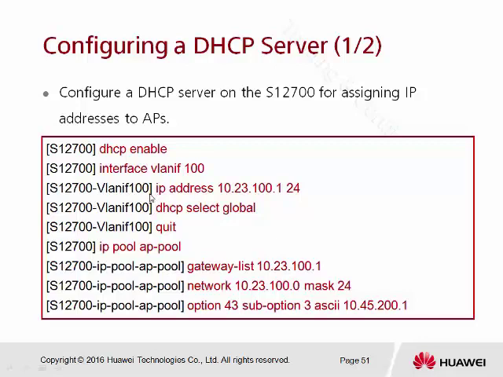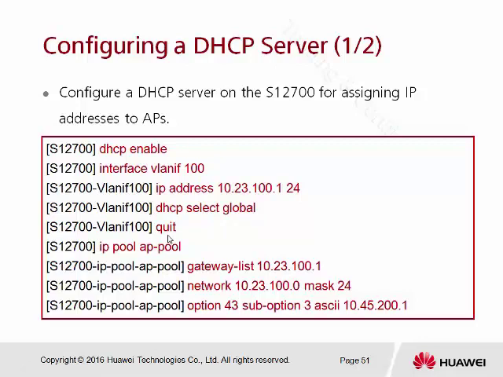So what I'm going to do next is assign the command ip address followed by the IP address 10.23.100.1, then the subnet 24. Right here, I will be using DHCP and select global, then quit.